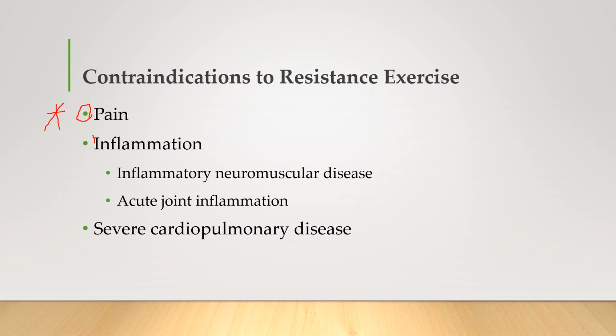If there's tissue inflammation, we're going to think about not performing any of this resistance exercise, especially if they have an inflammatory neuromuscular disease, something like Duchenne's, where performing high-level activities, a lot of strength, a lot of power training, just overworking the muscle in general, even with endurance, could cause more symptoms and worsen their condition.